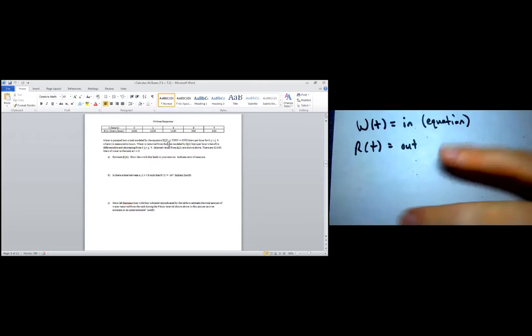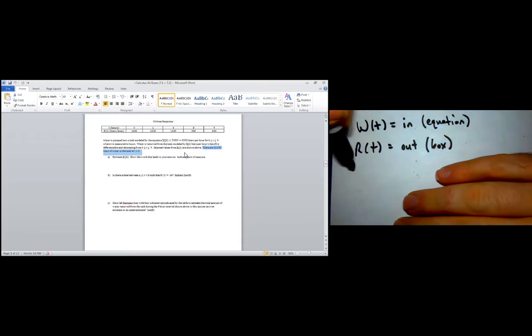And we keep reading. Water is removed by R of T, that's the box up top. R of T, that's the out. So we have something for in, something for out. For out, that's the box of data. Okay, we keep reading. Selected values from R of T are shown above.